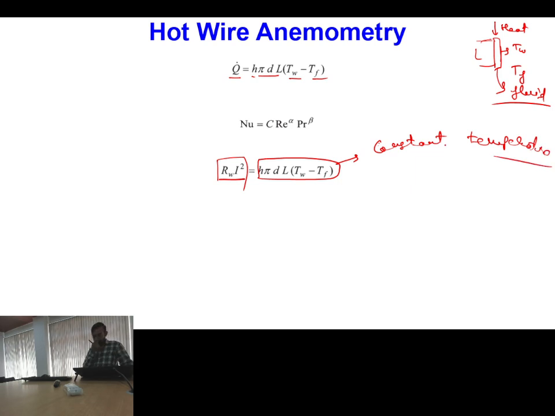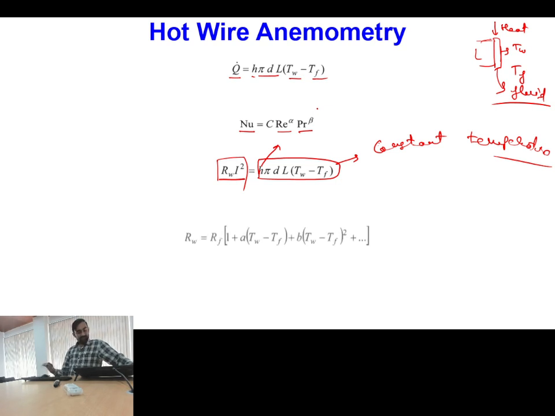Now typically, whenever we calculate this type of heat transfer, we should be able to predict the value of the convective heat transfer coefficient h. The h value can be written in terms of Nusselt number equal to C times Reynolds number to the power alpha times Prandtl number to the power beta. So alpha, beta and C values we have to calculate. For different flow situations, these values will be different.